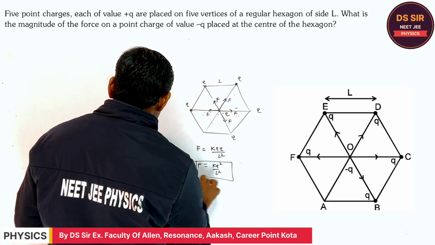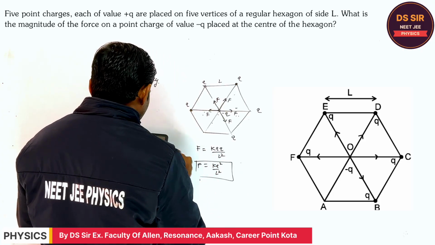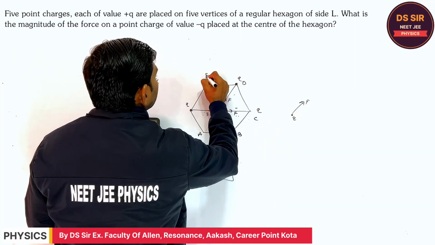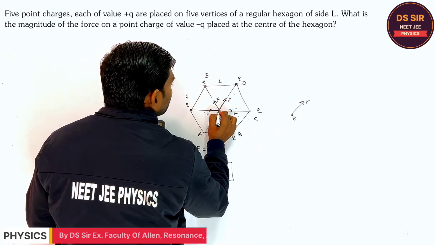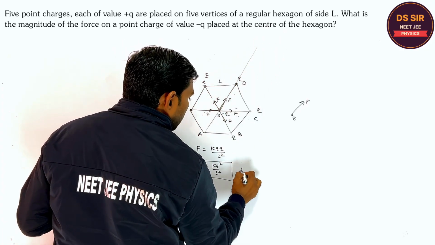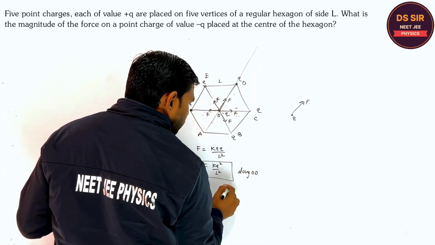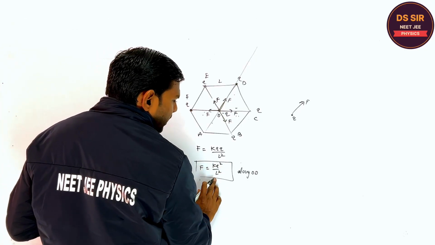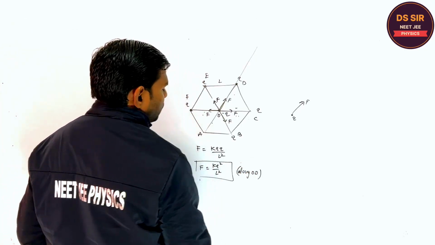Is it clear or not? Yes. And you may write it as A, B, C, D, E, F, and this is O. So along OD, because force is a vector quantity and you have to give the magnitude as well as direction, right?